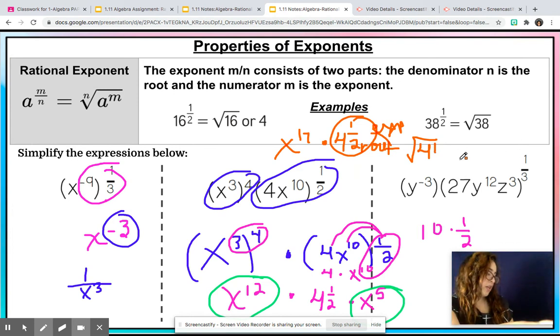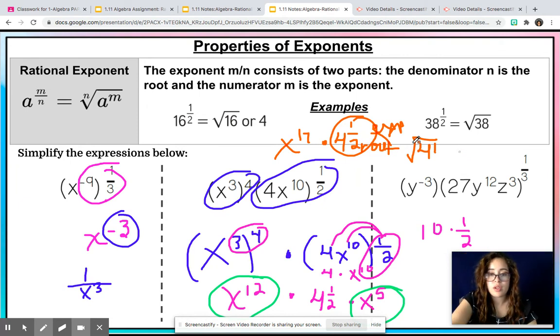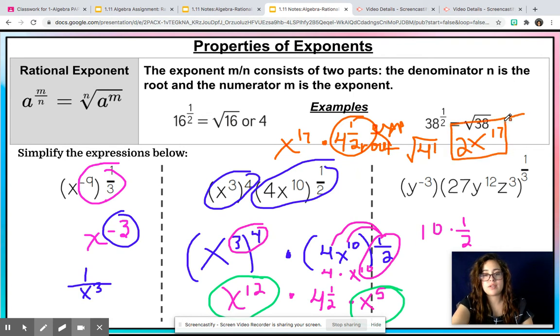And then in my calculator, I'm going to do the square root of 4. And I get 2. So then x raised to 17 times 2. And that's my final answer. Okay, so there you have it.